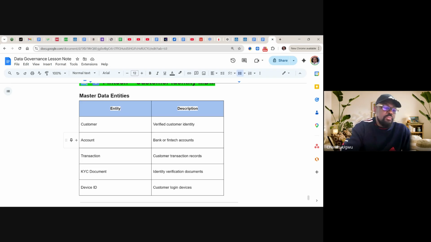So each company will determine the kind of device ID they want and how many devices you can log in from at a time. Some will say you can use a mobile device and you can equally use a laptop or desktop to access your account. It has to be defined.